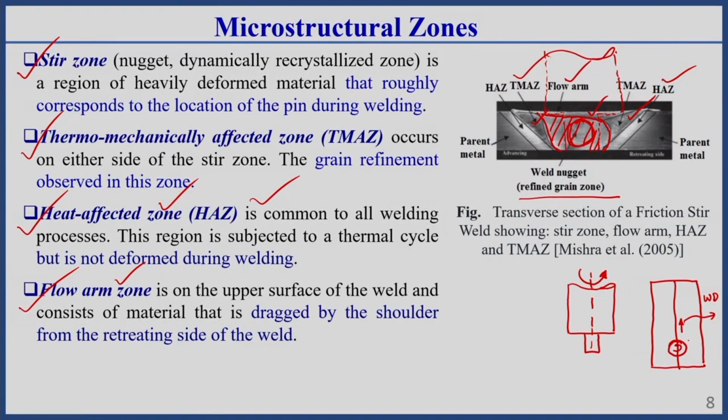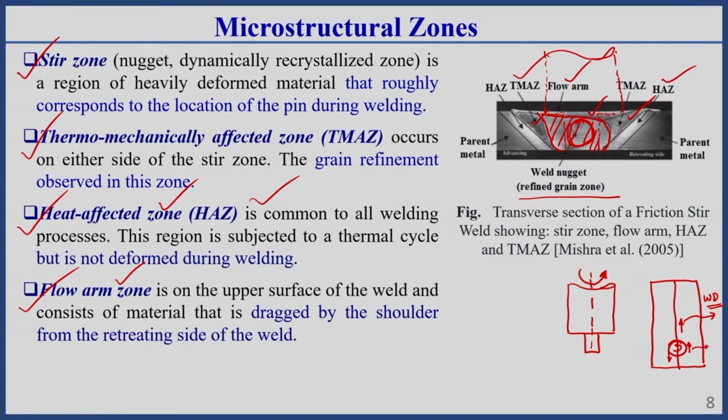Now, on the right side of this tool, if you draw the tangent to the tool's shoulder surface, you get a motion along the welding direction. Whereas on the left side, if we draw the tangent of the rotation, we get a motion opposite to the welding direction.